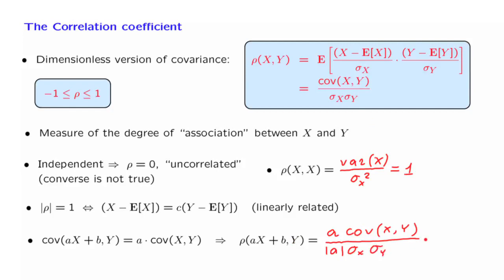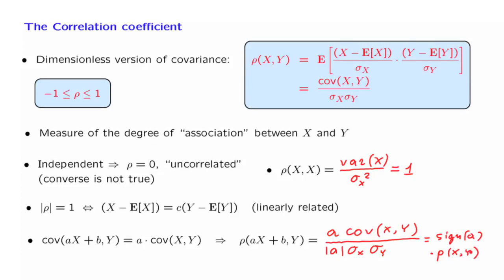And so what we obtain here is this ratio, which is the correlation coefficient of x with y, times this quantity, which is the sign of a. So we have the sign of a times the correlation coefficient of x with y.